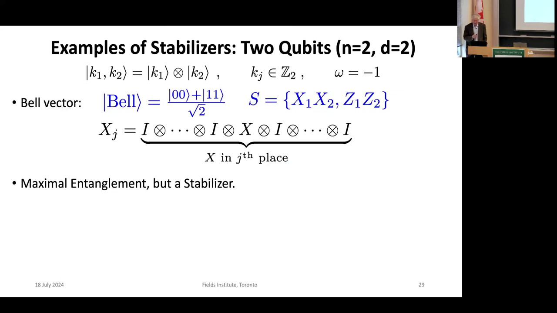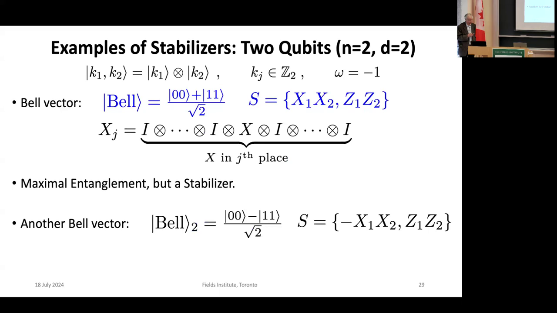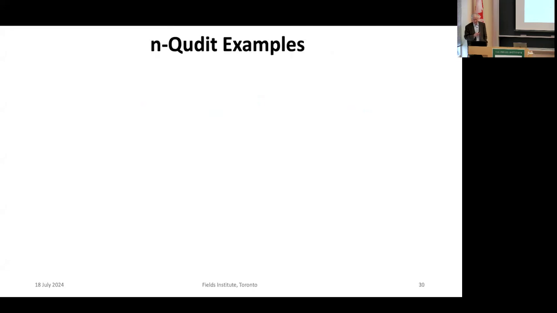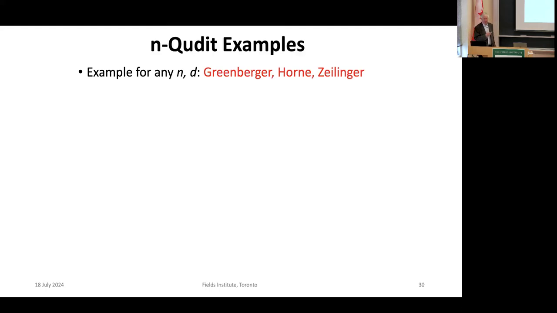The Bell state is maximally entangled, but it's a stabilizer. And there's another Bell state if we take the stabilizer group with minus X1 X2, Z1 Z2. Then we get |0,0> minus |1,1>. And for n qubits, Greenberger, Horne, and Zeilinger introduced the analogous Bell state.